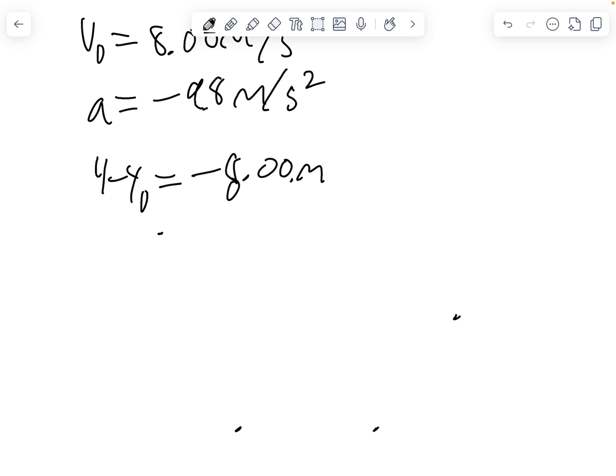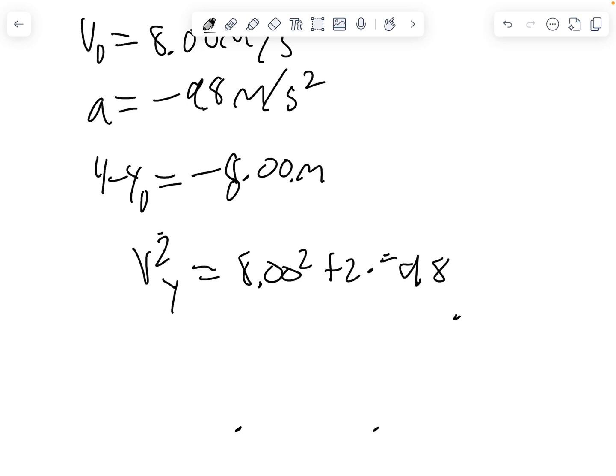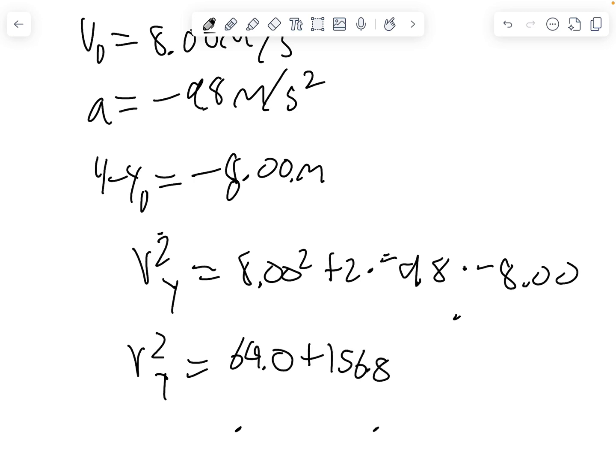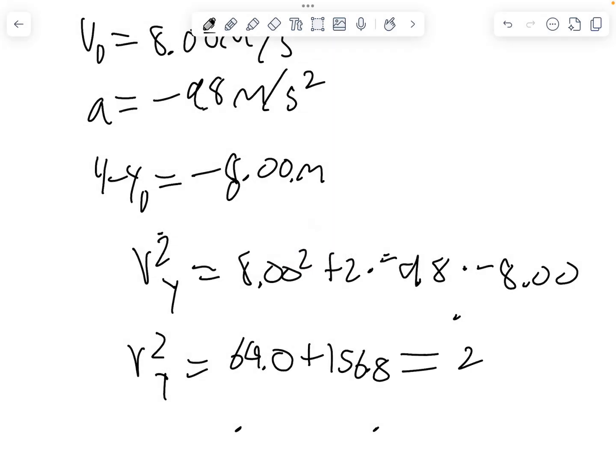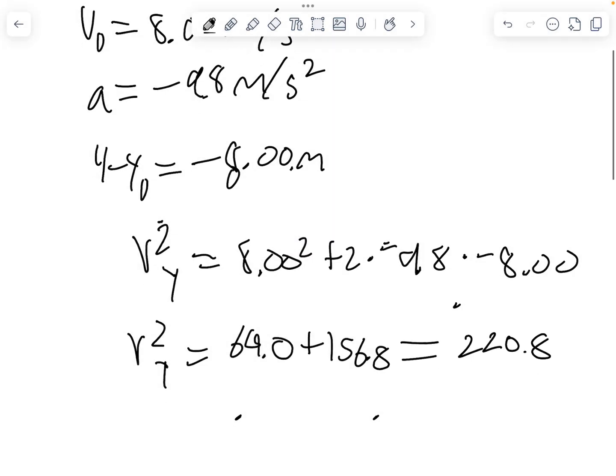So with that, we're just going to substitute now. v_y squared equals 8.00 squared plus 2 times negative 9.8 times negative 8.00. Simply, that is v_y squared equals 64.0 plus 156.8, and then that will equal 220.8.